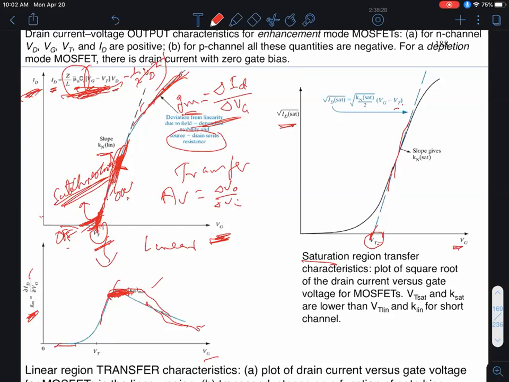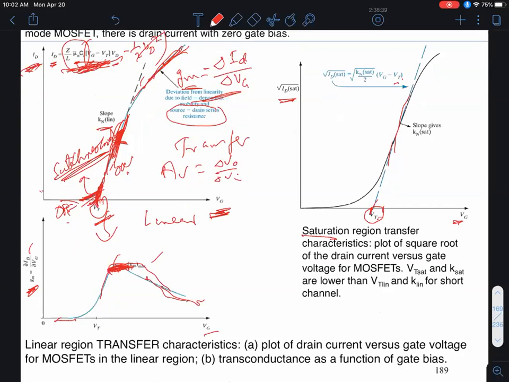You get two-dimensional electric field profiles, you have to solve the Poisson equation, and you get effects known as drain-induced barrier lowering, but I'll discuss those on Wednesday.